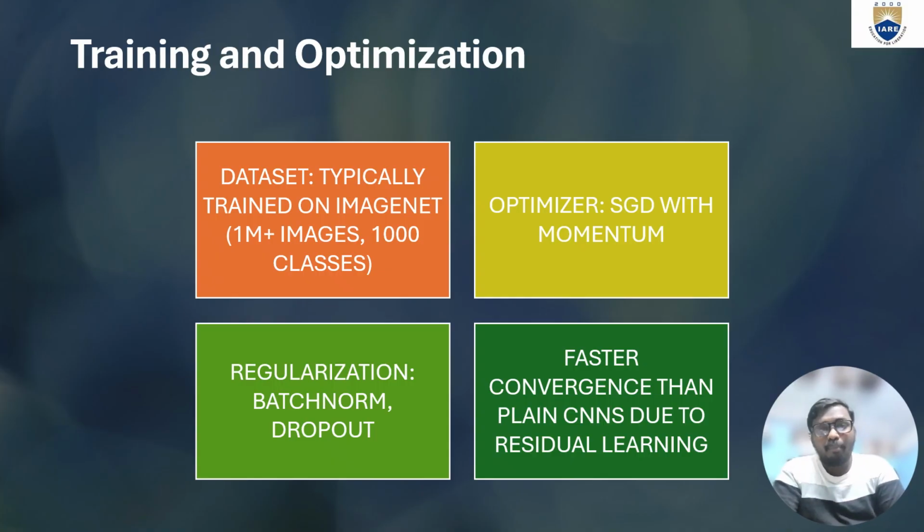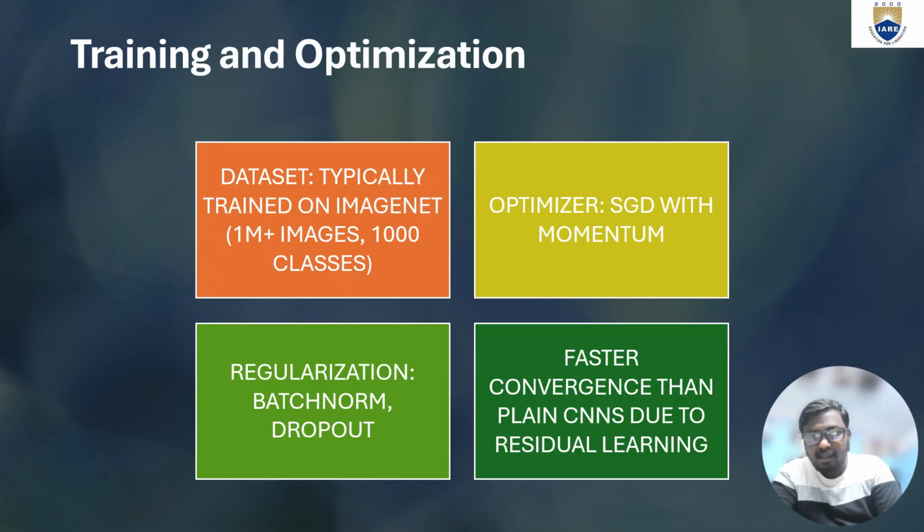Training and optimization: the dataset is typically ImageNet, with 1 million plus images and 1000 classes, and the optimizer is SGD with momentum. Dataset training: this portion of a dataset is used to teach a machine learning model.